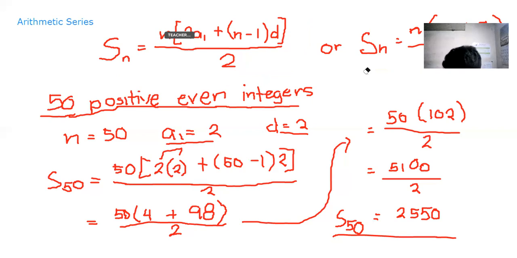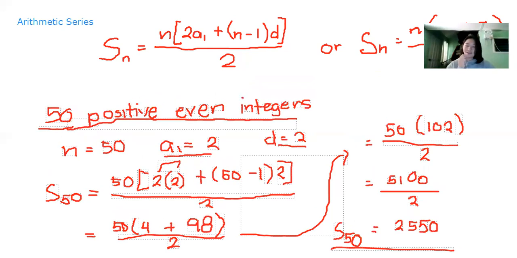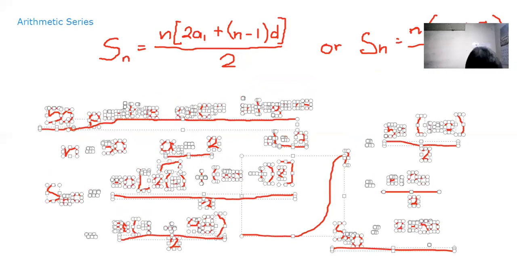Get your notebook again, then sagutan nyo si math problem 1.2.6, sa page 13 pa din. Isusulat ko dito. Yung find the sum of the first 100 positive odd numbers.